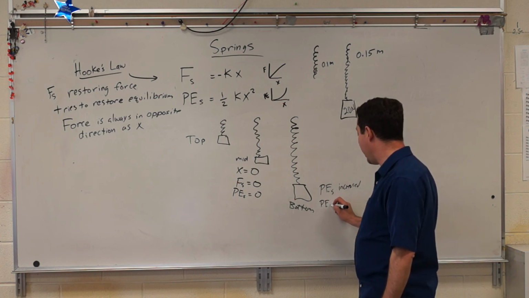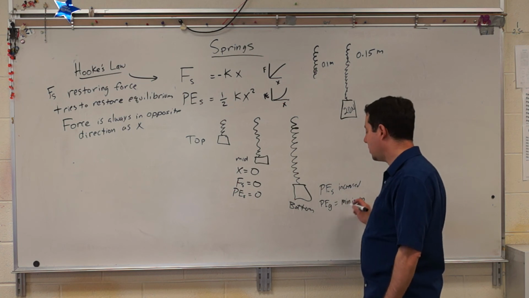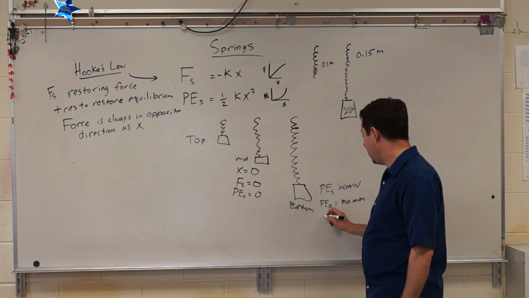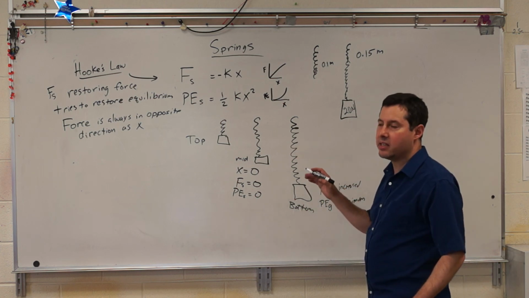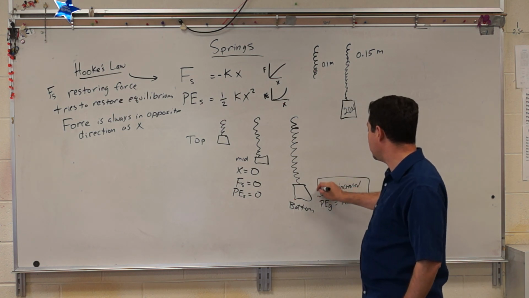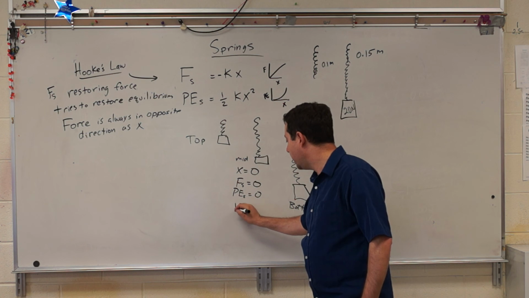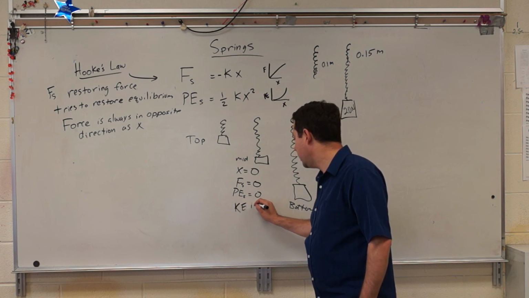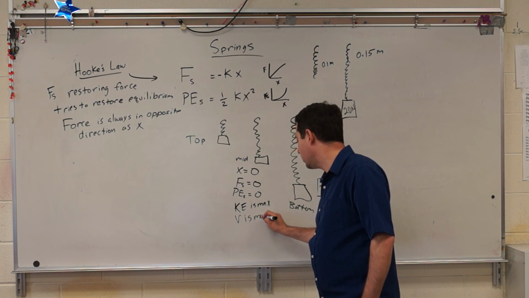Potential energy due to gravity is at a minimum, just because it's the lowest. But the total energy has got to stay constant, remember? So this has a bunch of spring potential energy right there. This right here has a lot of kinetic energy, it is max because velocity is max.